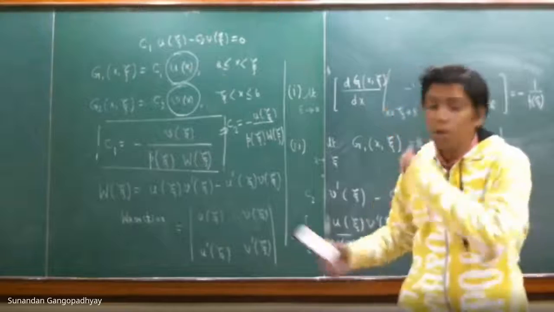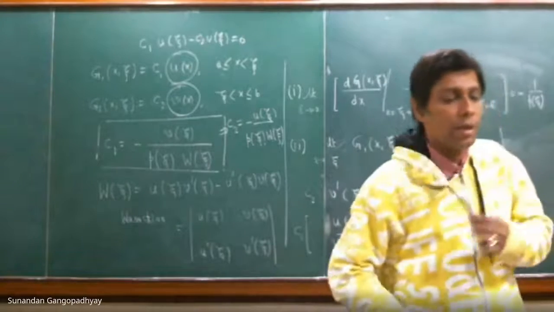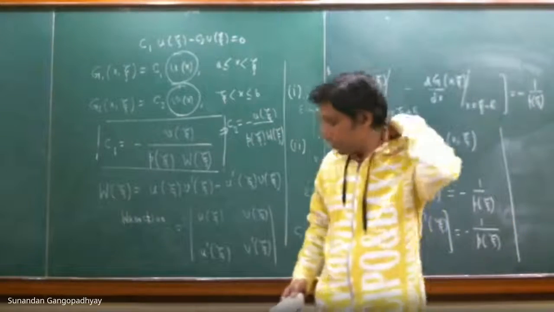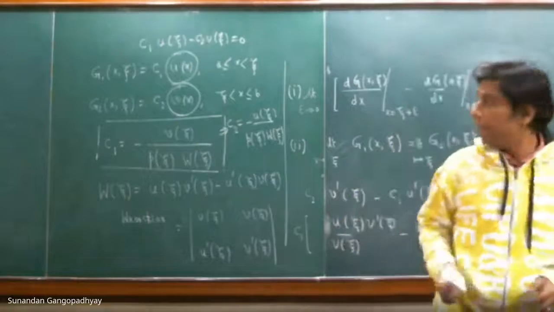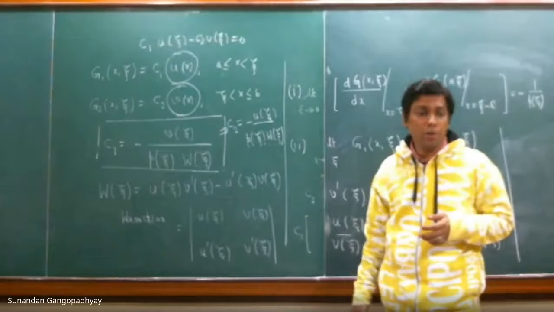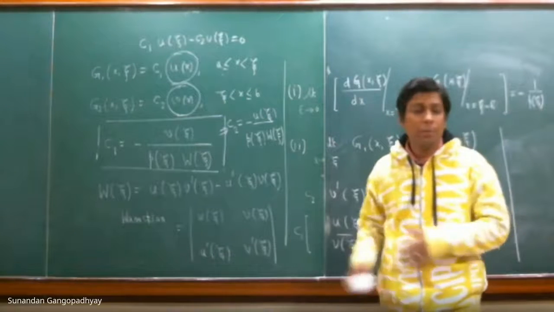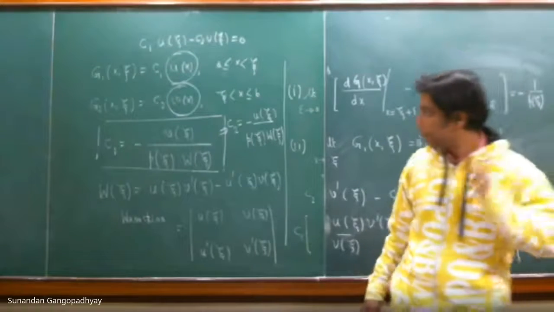It is actually in this context that George Green developed the Green's function, and that was the famous paper that he wrote. It was an essay that he wrote in the early 19th century, probably, and it was a very important contribution to mathematical physics, and he developed it in the context of electrostatics at that point.